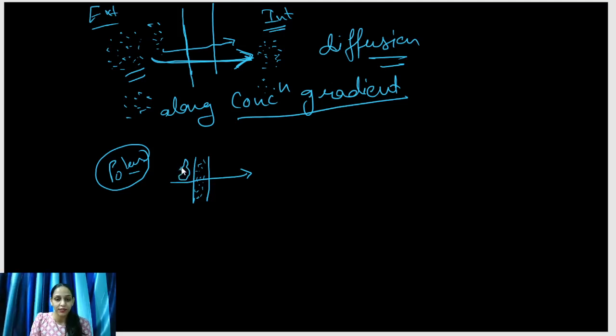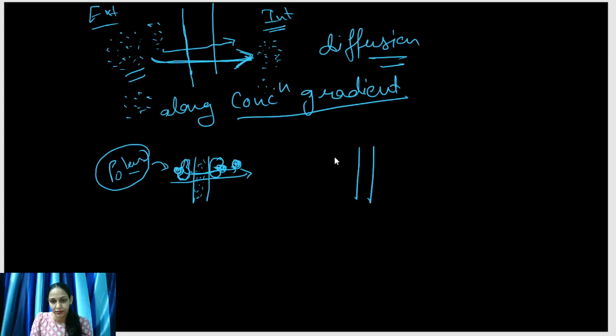These polar molecules attach with these carrier proteins and move towards the inner side. कैसे? जैसे ही ये इसमें एंटर करेंगे इसकी कॉन्फ़िगरेशन चेंज हो जाएगी कैरियर प्रोटीन की and they remove these polar molecules to inside.